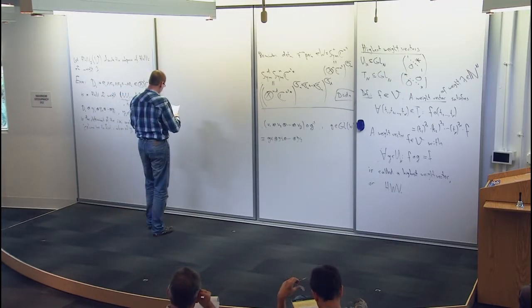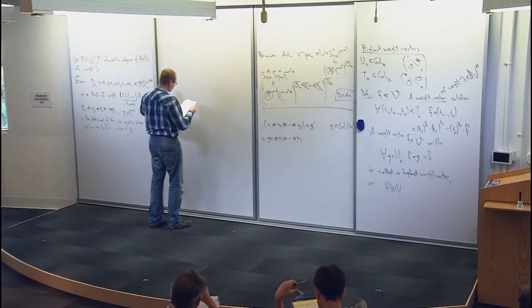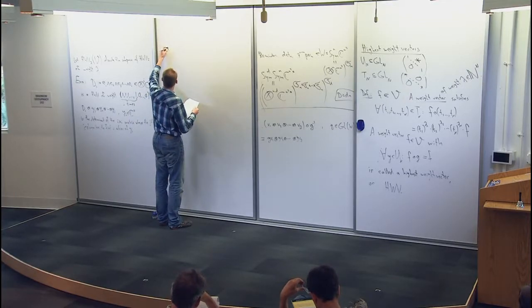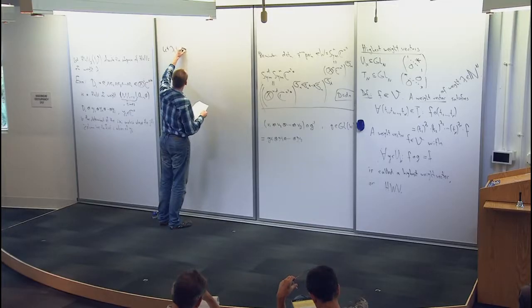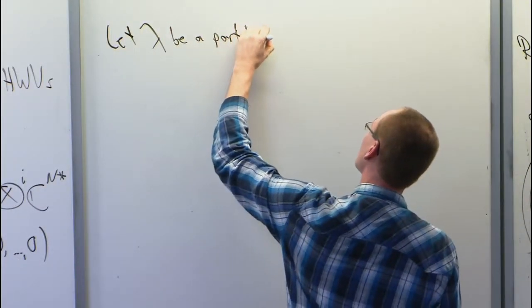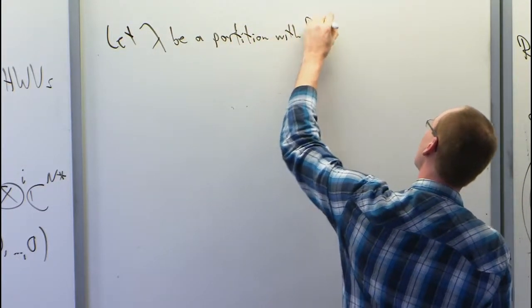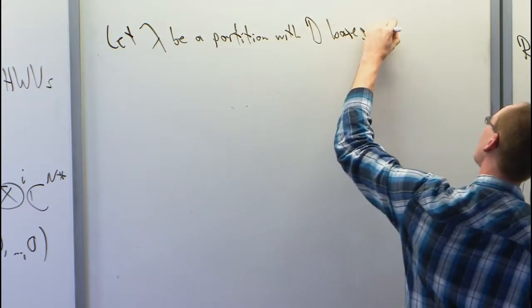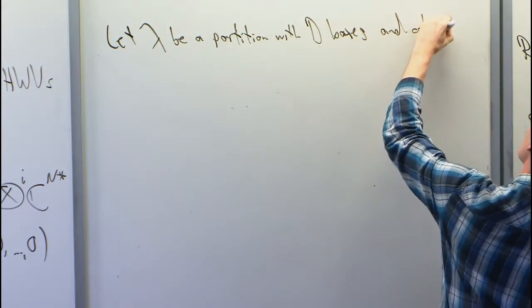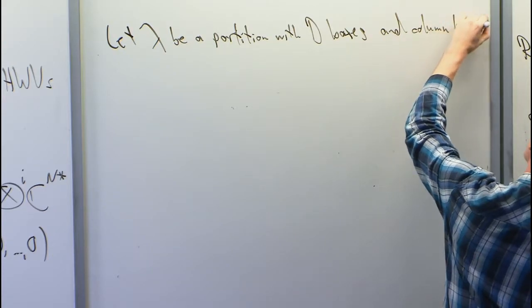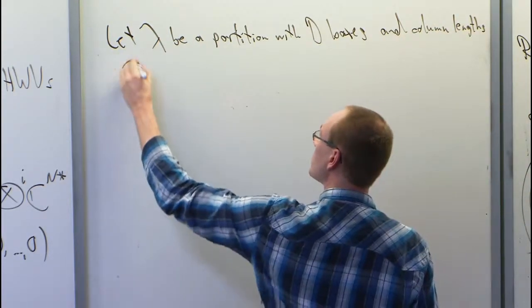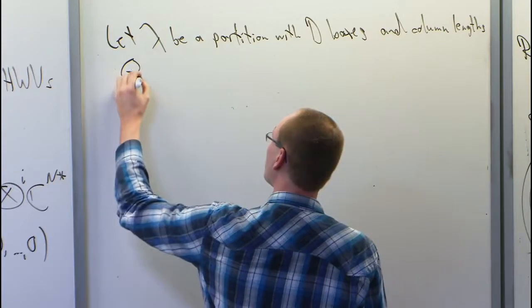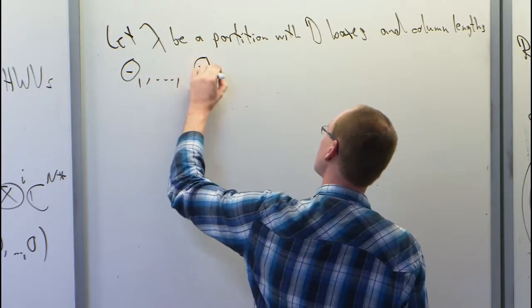What you can do, the important example, is let lambda be a partition with capital D boxes and column lengths theta 1 up to theta j.